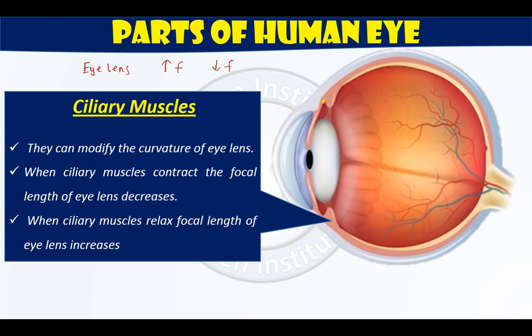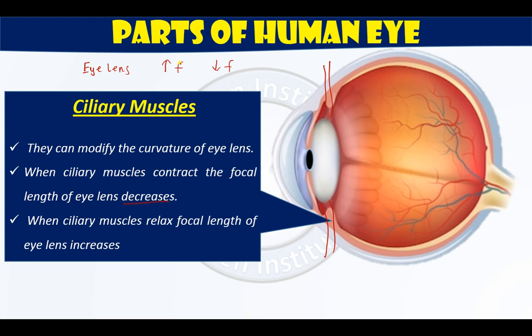See, these are the ciliary muscles. This red portion that you see over here, this entire portion, is lengthy like this and connected over here. Now suppose if the ciliary muscles contract, the focal length of the eye lens decreases. And if the ciliary muscles relax, the focal length of the eye lens increases.